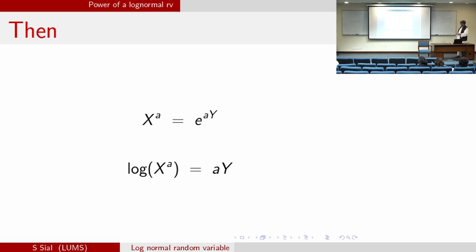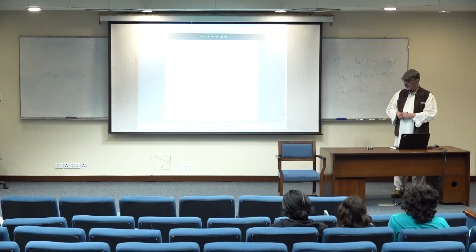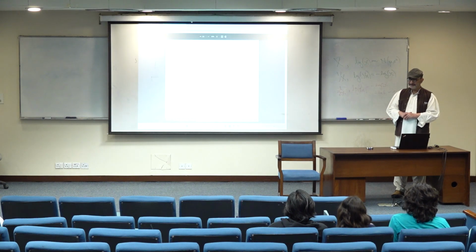Then X to the a is equal to e to the a times Y. The logarithm of X to the a is a times Y. Well, Y was normal. What's a times Y? It's normal as well, with mu becoming a mu, and sigma squared becoming a squared sigma squared.